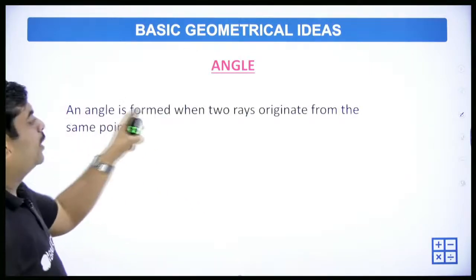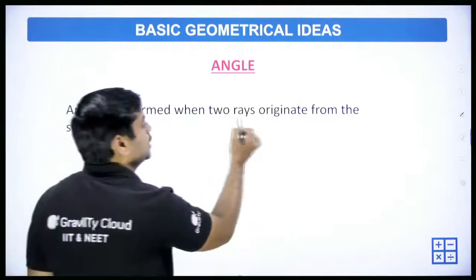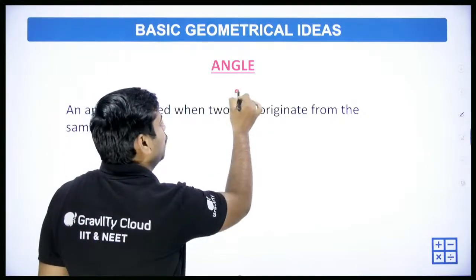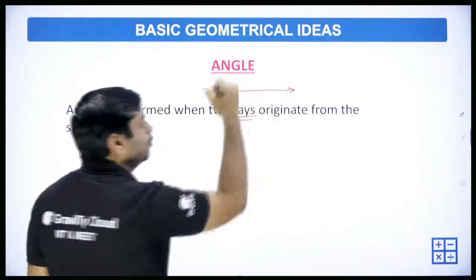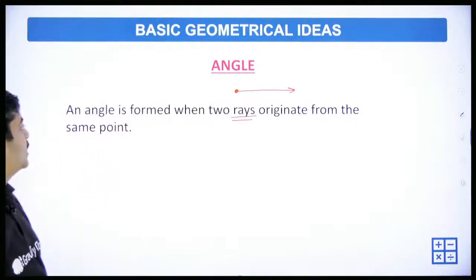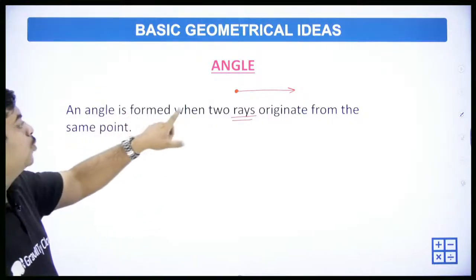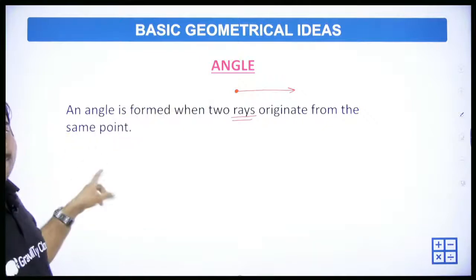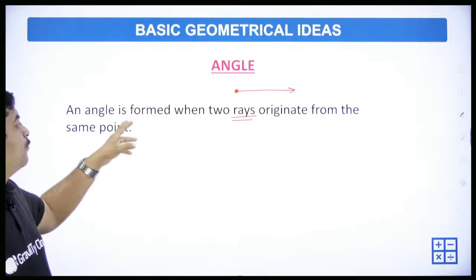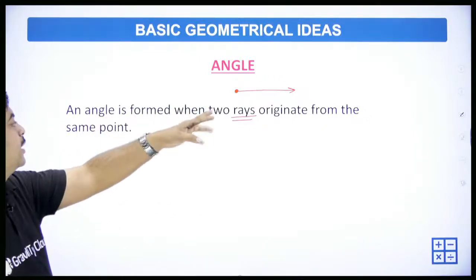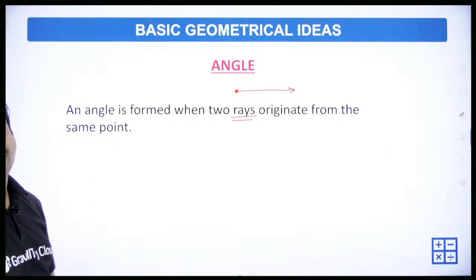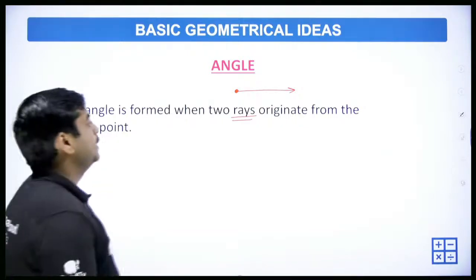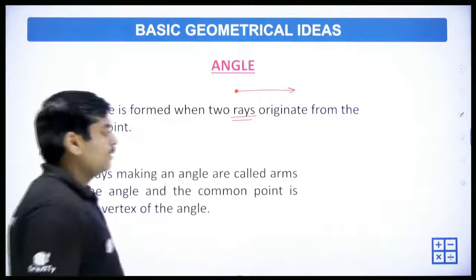An angle is formed when two rays, we discussed what a ray is, which has one starting point but no ending point, originate from the same point. Let's see the diagram.